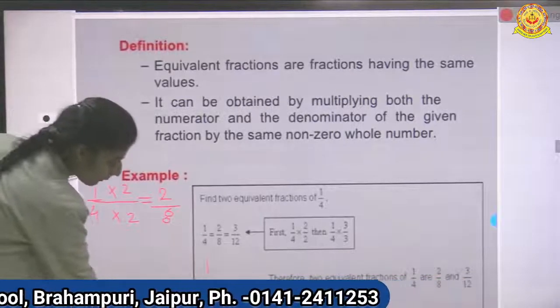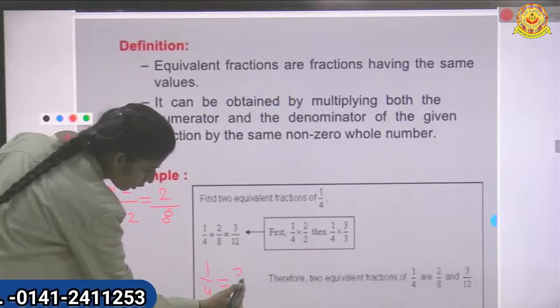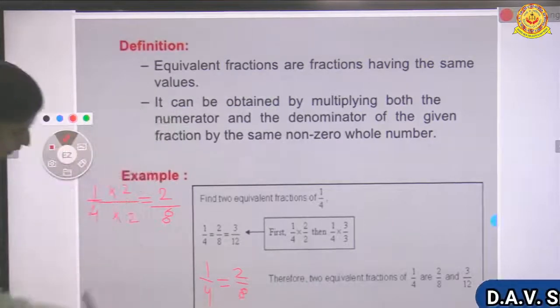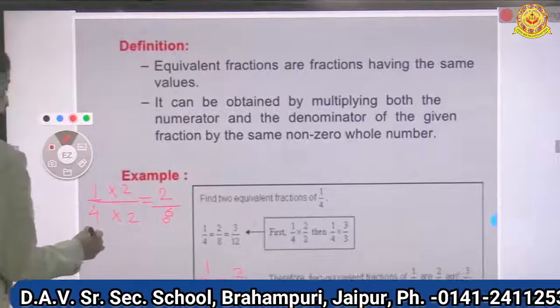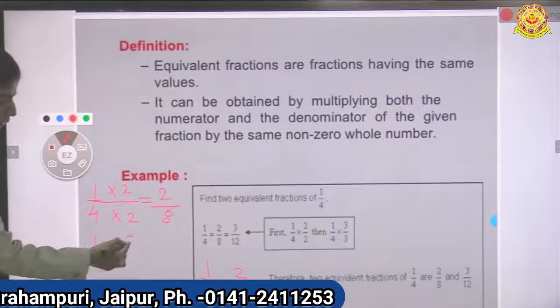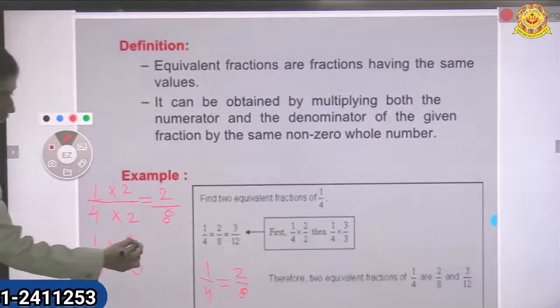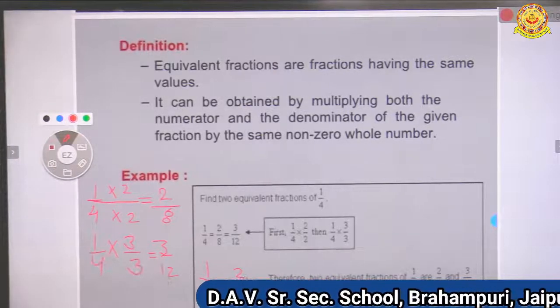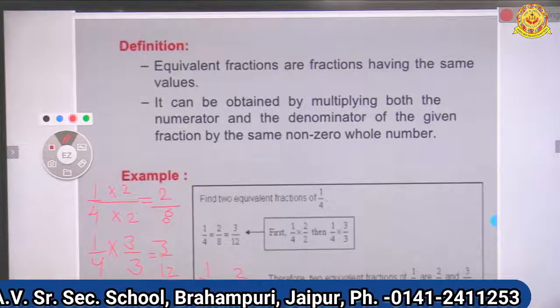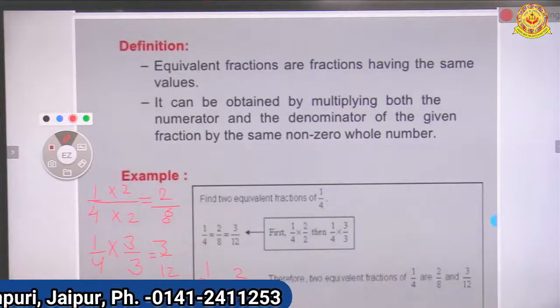This means 1 upon 4 is equal to 2 upon 8. I think this is not visible. Okay. Now after 2, I will multiply both the numbers by 3. 1 times 3 is 3, 4 times 3 is 12. So 3 upon 12 is one of the equivalent fractions of 1 upon 4.